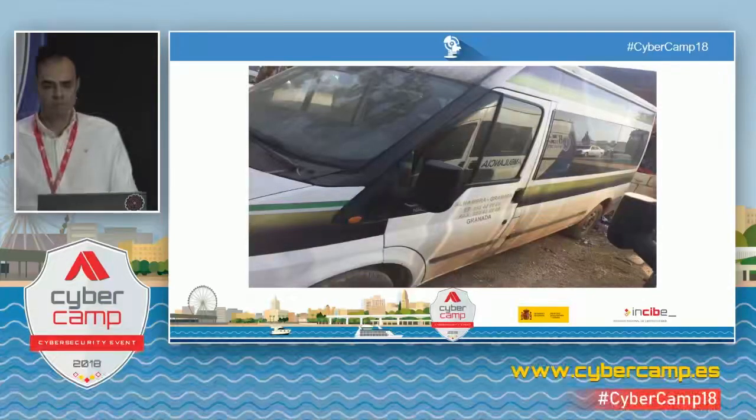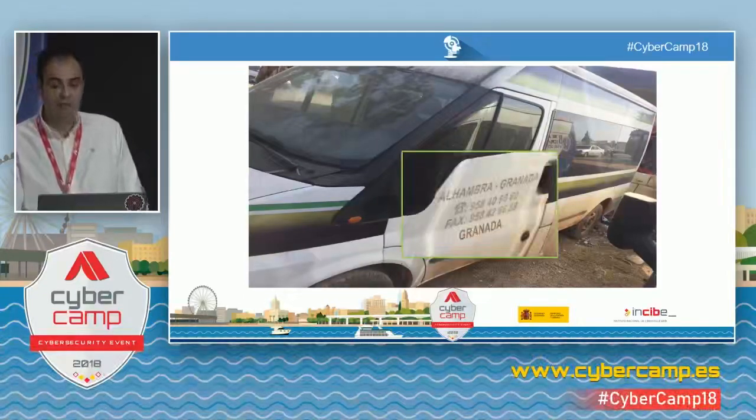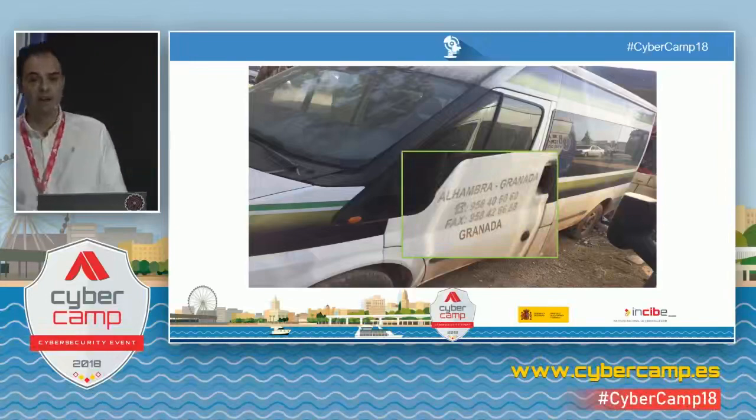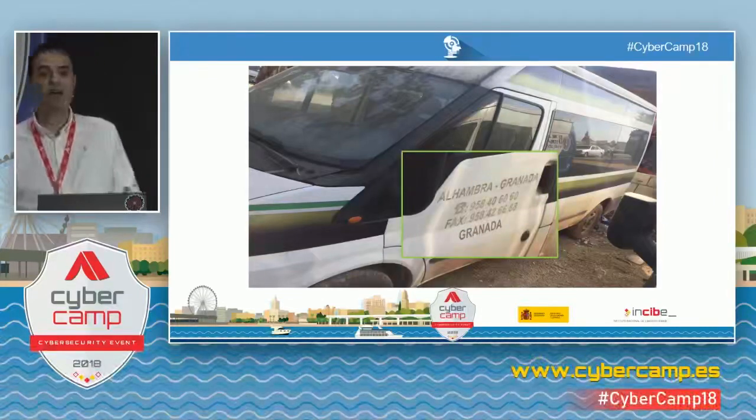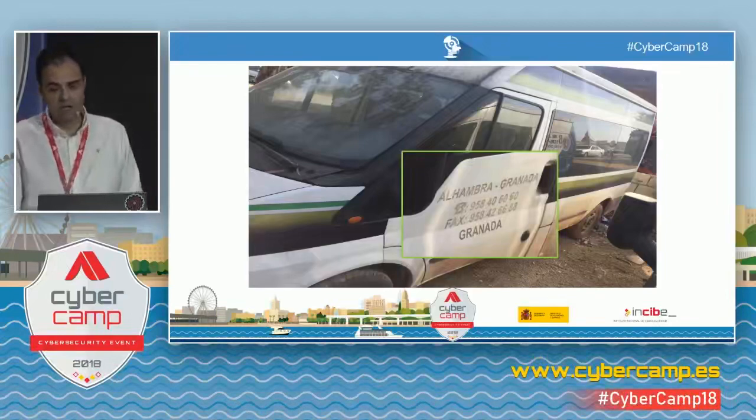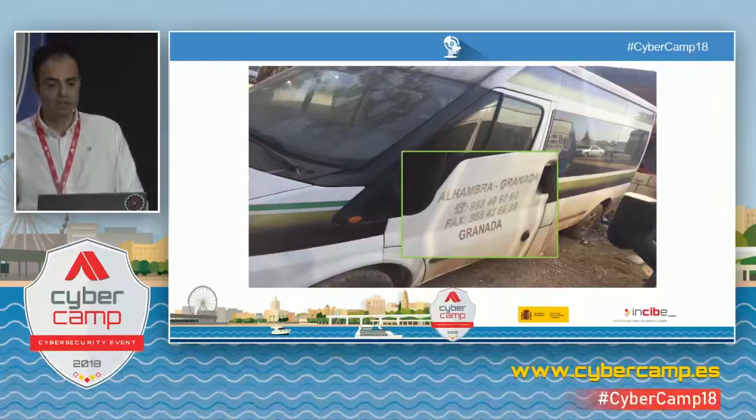And this looks like an ambulance, right? I don't really know why, but it got my attention. If I look at it in further detail, I realized that it was from Grenada. So, it had been taken down to Syria or Iraq, wherever the ambulance was.